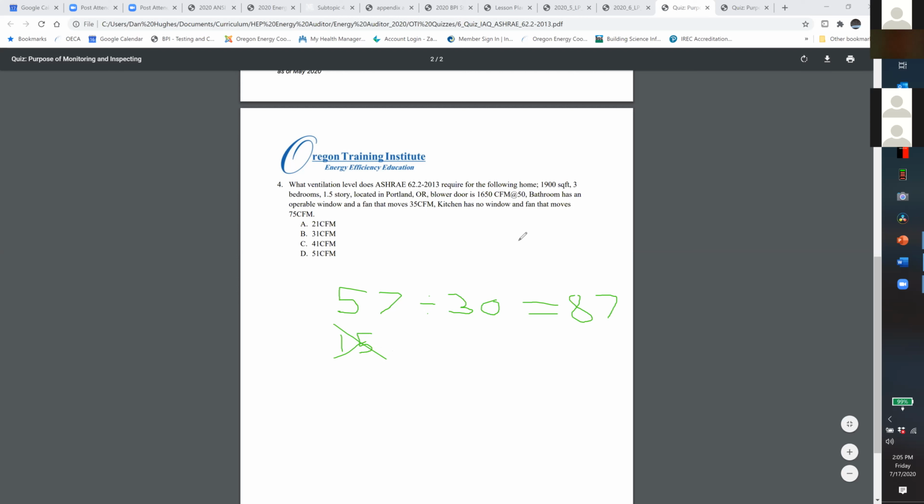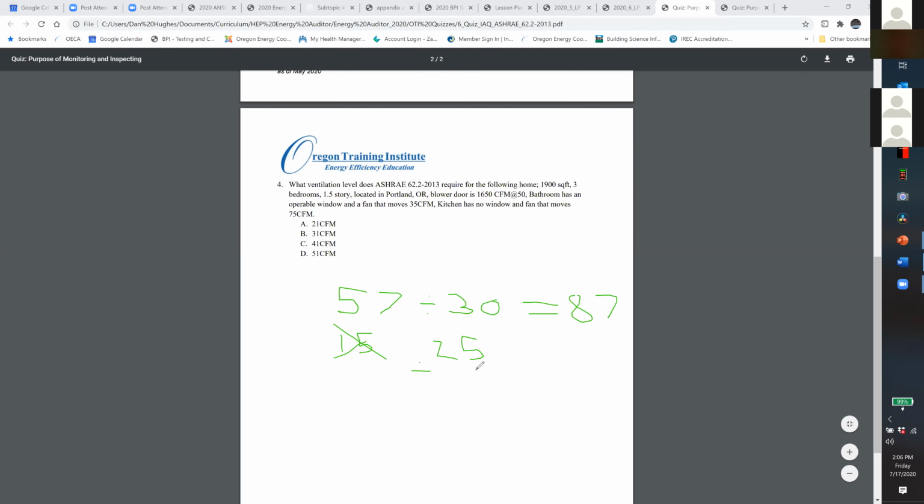But then our kitchen has no window and a fan that moves 75 CFM. So our deficit's 25, but we have no window.